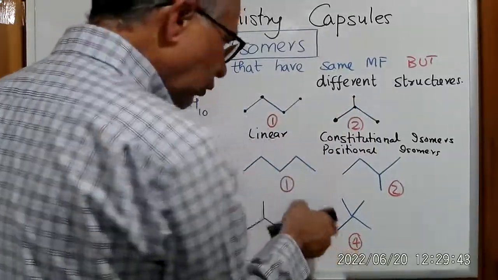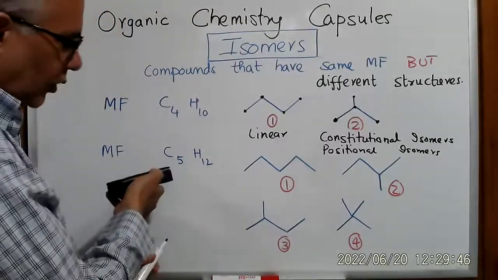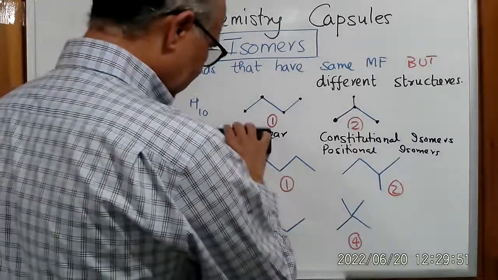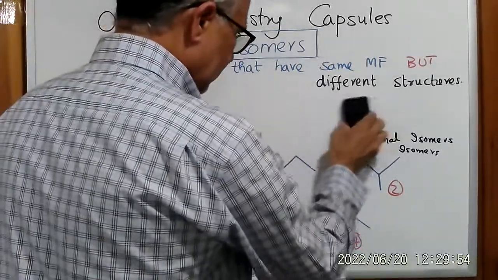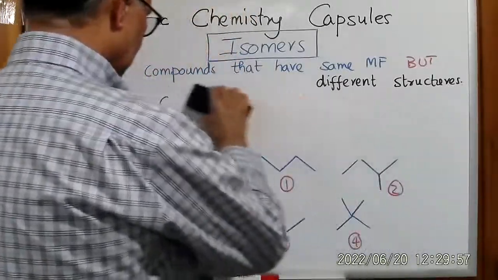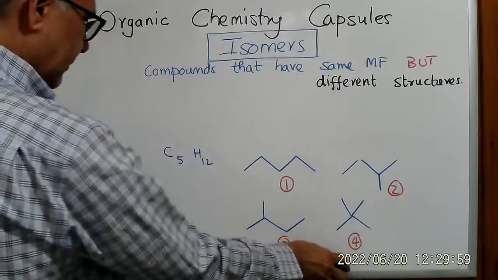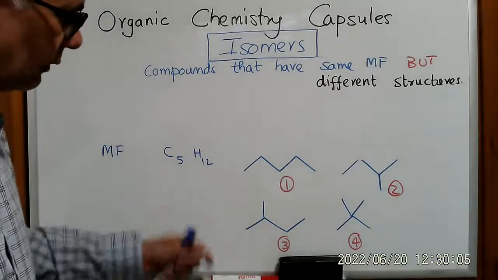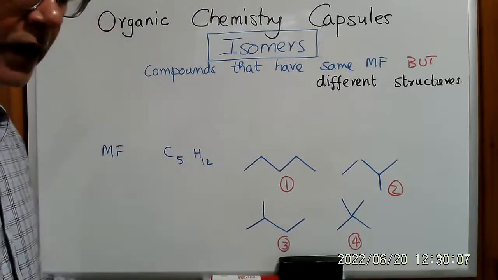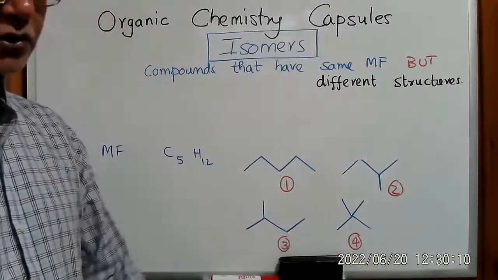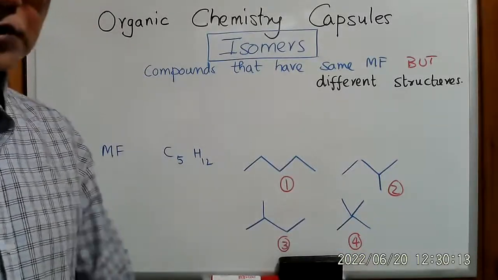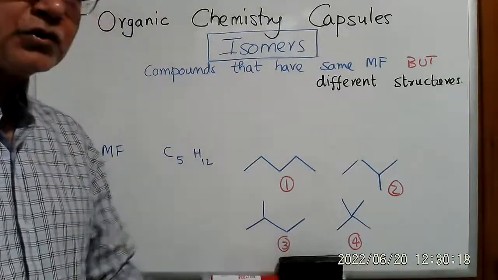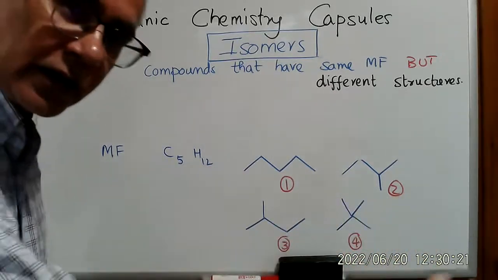Now, let's move on to the next molecular formula, C5H12. I need more space, so I will erase this bit here. For C5H12, 5 carbons, 12 hydrogens, the easiest one to write is this: if on an exam you are asked to draw the constitutional isomers, or in general isomers, of any given molecular formula, the easiest point to start is the straight chain linear alkane.